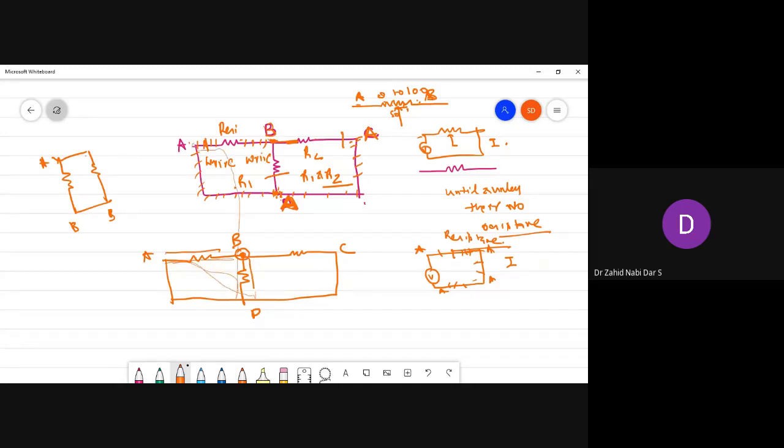But in reality, with my method, you see this point is A, this is B, this point is A, this is B. So you can easily say that this resistance is R1 and this is R2, and R2 is connected between A and B. Here also this point is connected between A and B. So you are clear that this is in parallel only, not in series, though it was looking as if it is in series. To make things simpler, I have used this method.